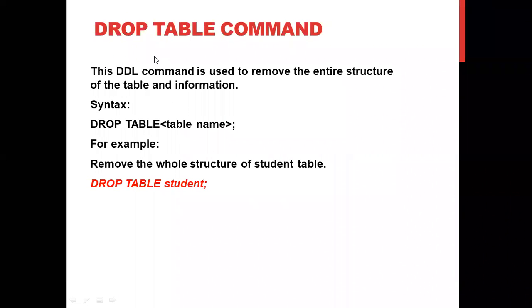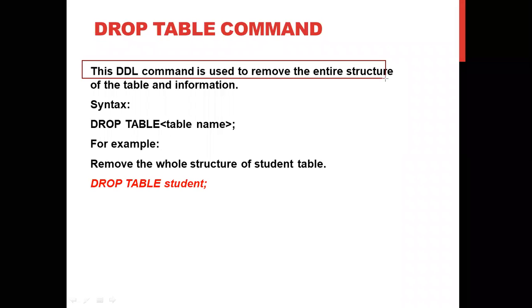The last one is drop table. It means if you want to delete the data of a table, then we use the delete command. If you want to delete the structure of a table, then we use the drop command. Because this command is related to the structure, it is again a DDL command. If the command is related to the data, then it is DML.